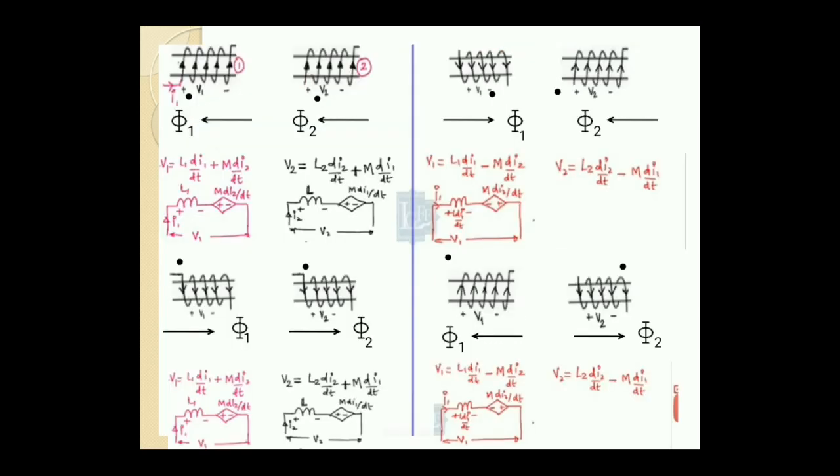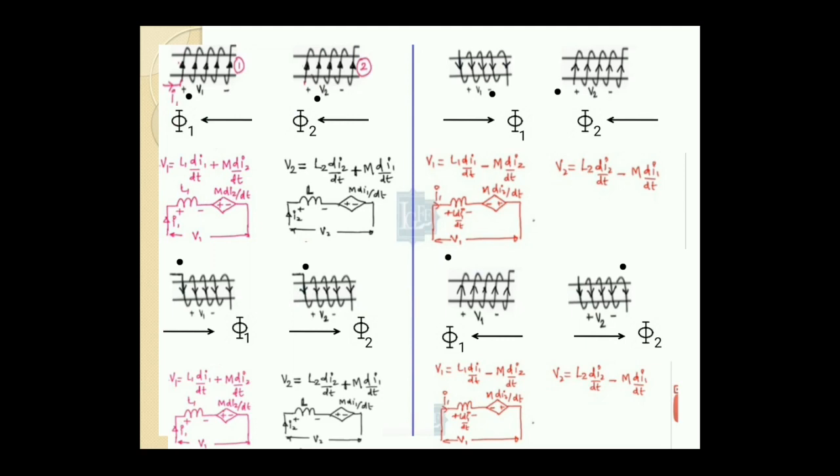Let's see the first two coils: the current enters coil 1 and also enters coil 2. So I will place one dot here and also one dot here. If the current enters both the dots, or current leaves from both the dots, then the mutual induced EMF is positive, which adds up to the self EMF.